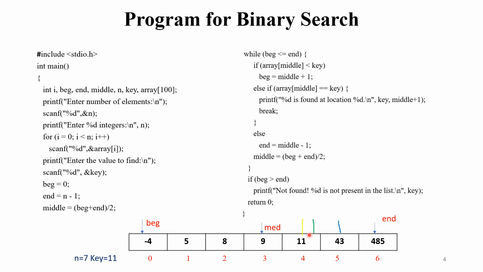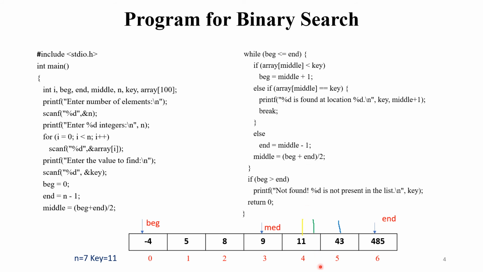So here our beginning is also the fourth index and end also points to the fourth index. Now repeat this procedure to find the middle element. Middle is equal to (beginning plus end) divided by 2. Here beginning is 4 and end is also 4, so 4 plus 4 divided by 2 is 4.